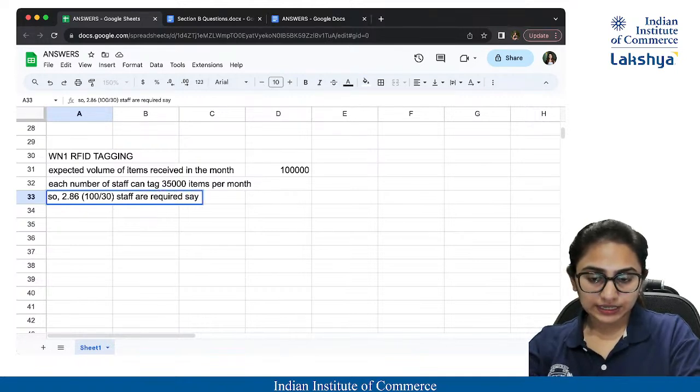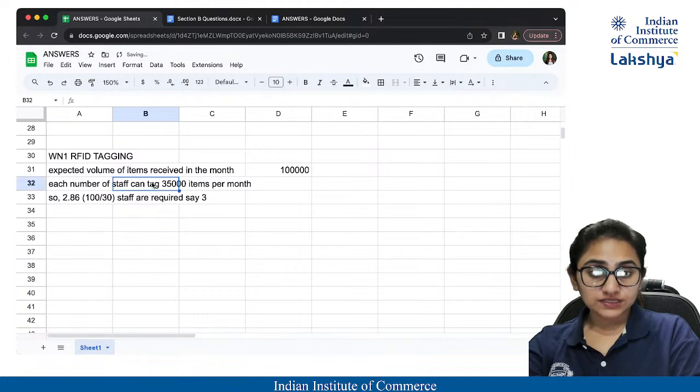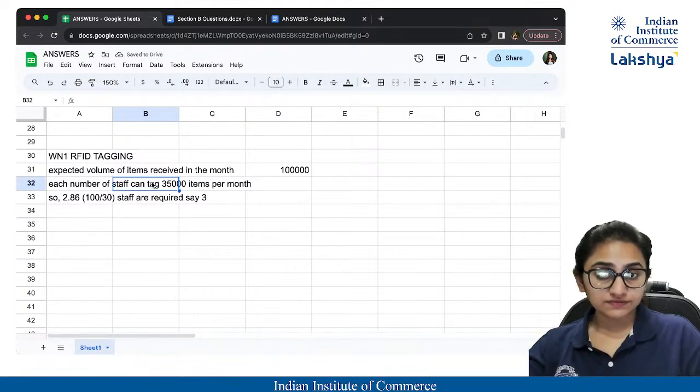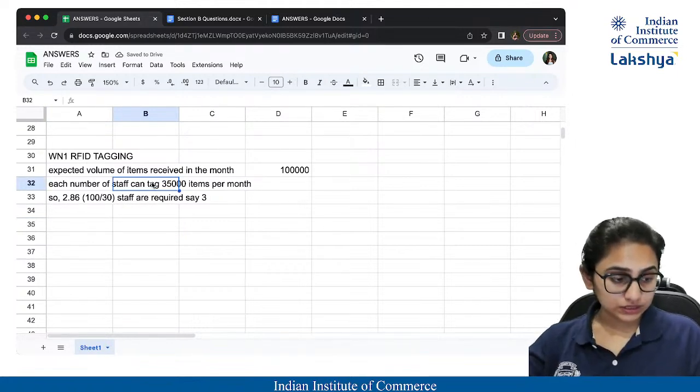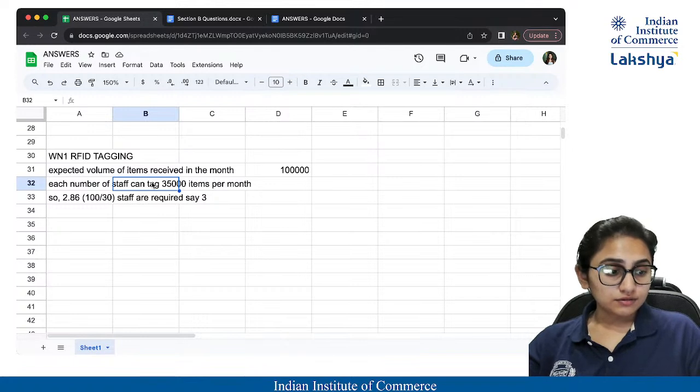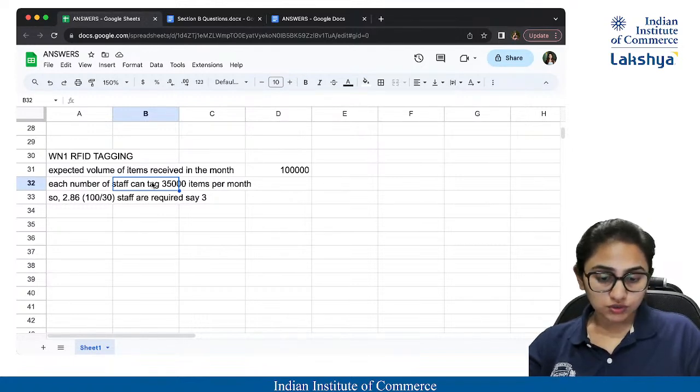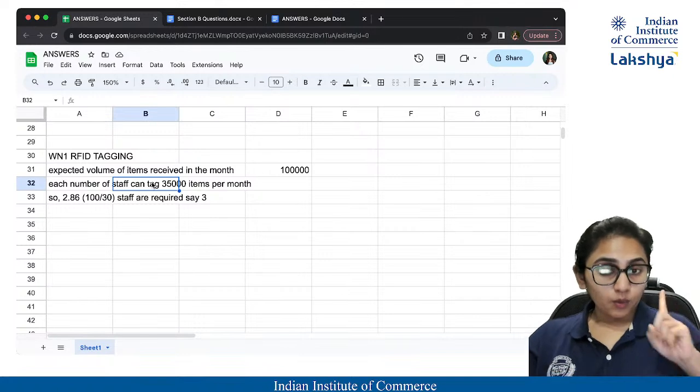Say approximately you're getting 3.33, so take it as 3. Monthly volume is 1 lakh.